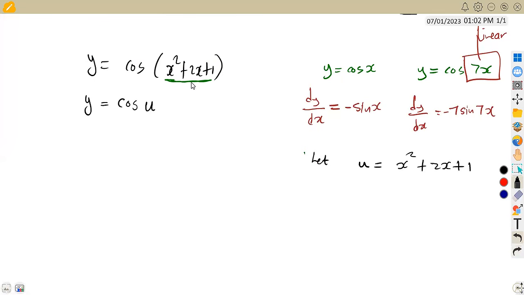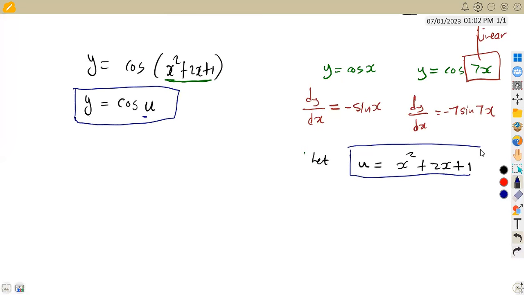The whole part is now left with u. So we now have two things: an equation with y in terms of u, and on this part, u in terms of x. Here, u is a function in terms of x, and here, y in terms of u.